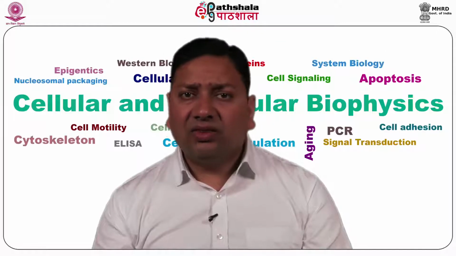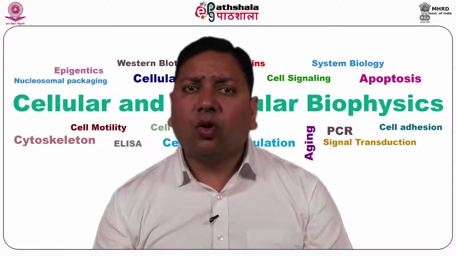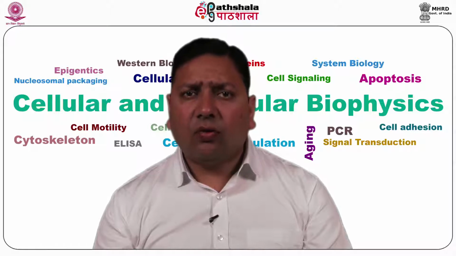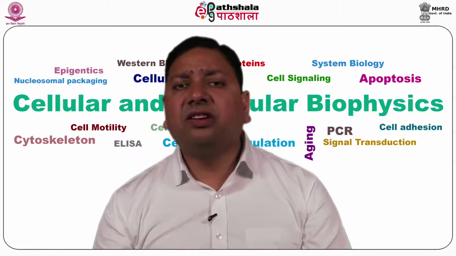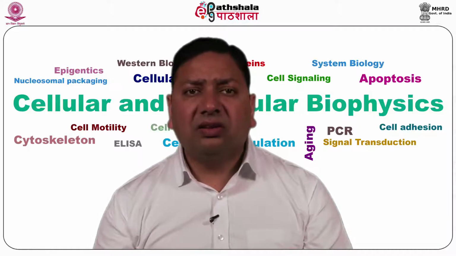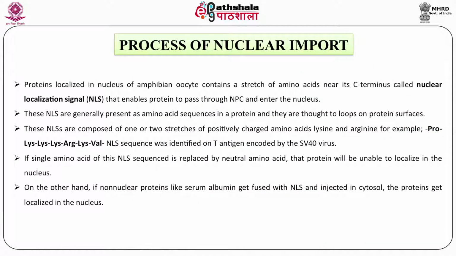Proteins localized in the nucleus of an amphibian oocyte contain a stretch of amino acids near the C terminal that we call nuclear localization signals, which enable the protein to pass through the nuclear pore complex and enter the nucleus.